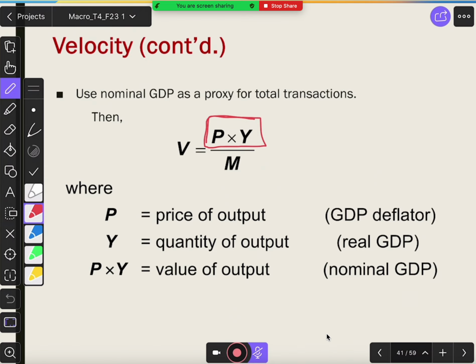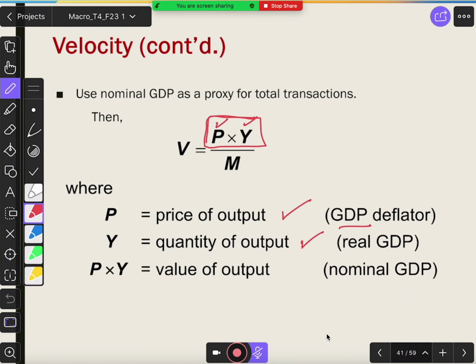Because if you think about it, you go to the supermarket, it's the price you pay times the quantity you buy. And this is per person, but if I want to think about it in terms of the whole economy, then the P is the price index, or you can choose GDP deflator or the CPI, but the way the velocity is computed is using the GDP deflator.